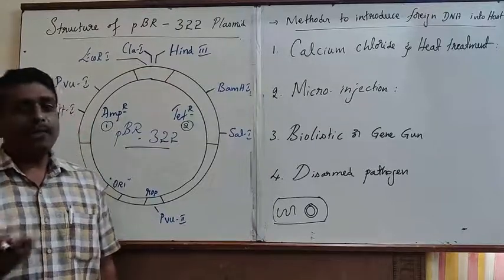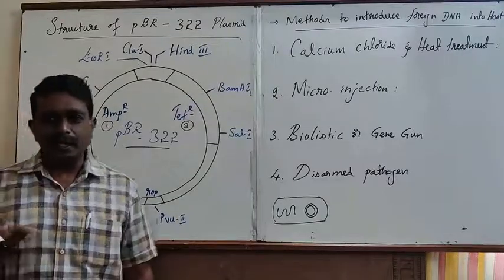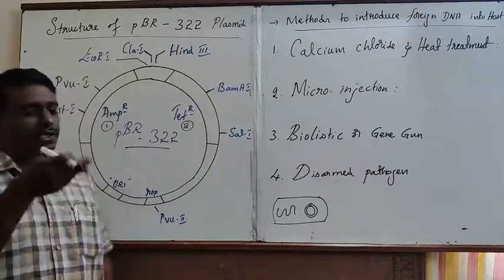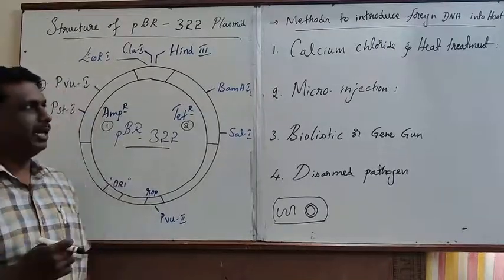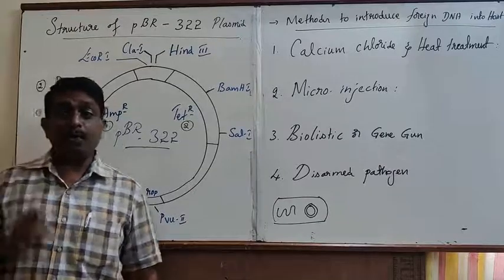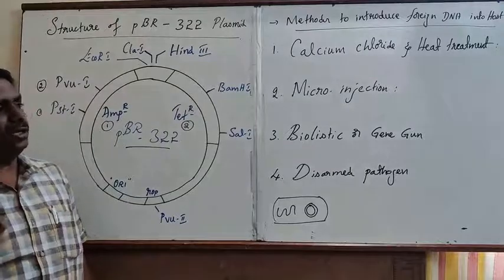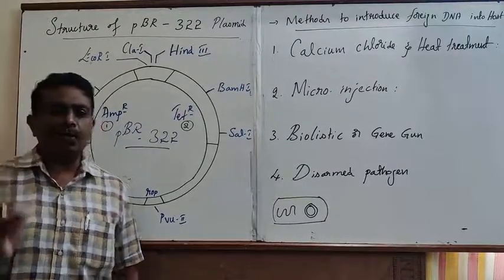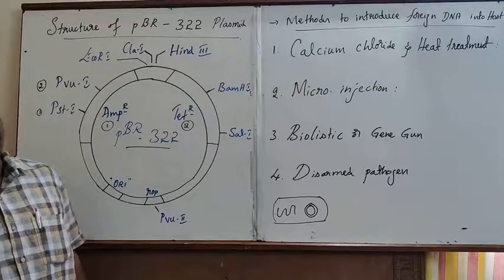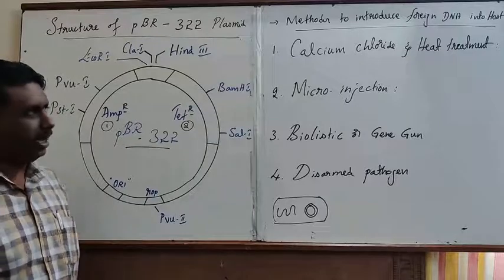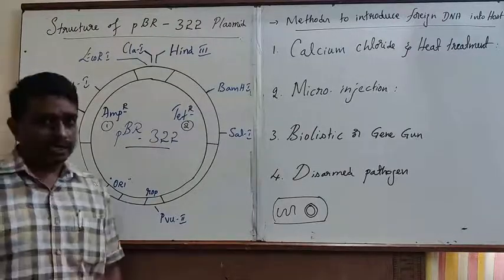There are 4 methods widely employed in the recombinant DNA technology to introduce the foreign DNA into the competent host. The four widely employed methodologies to introduce the foreign DNA into the competent host cells are, namely, the first one is calcium chloride and heat treatment. The second important one is the micro-injection process.